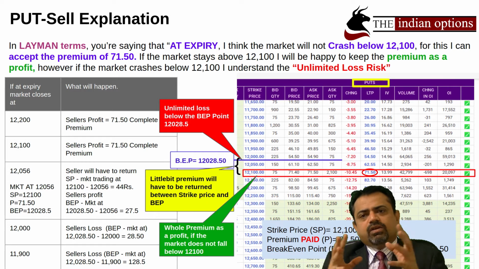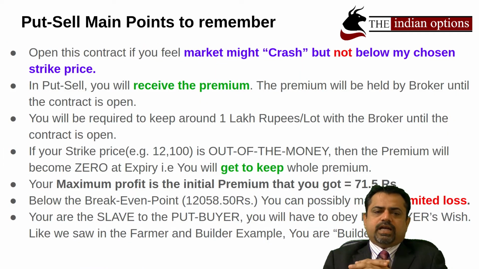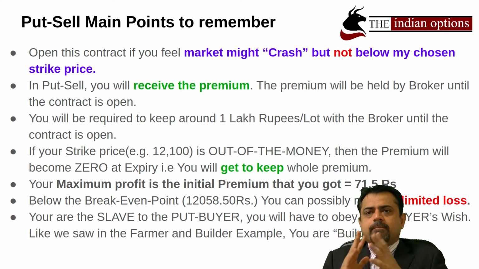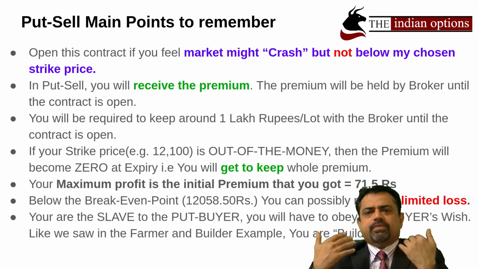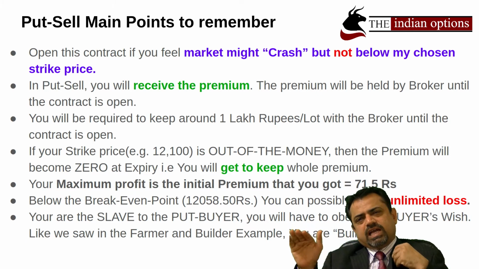Now, a few things that you really need to remember when you are opening a put sell contract: you open this contract only when you feel that the market might crash, but not below the chosen strike price. So you have chosen the strike price as 12,100. If the market is trading today at 12,300, you think the market is going to crash, but it might not crash below 12,100.